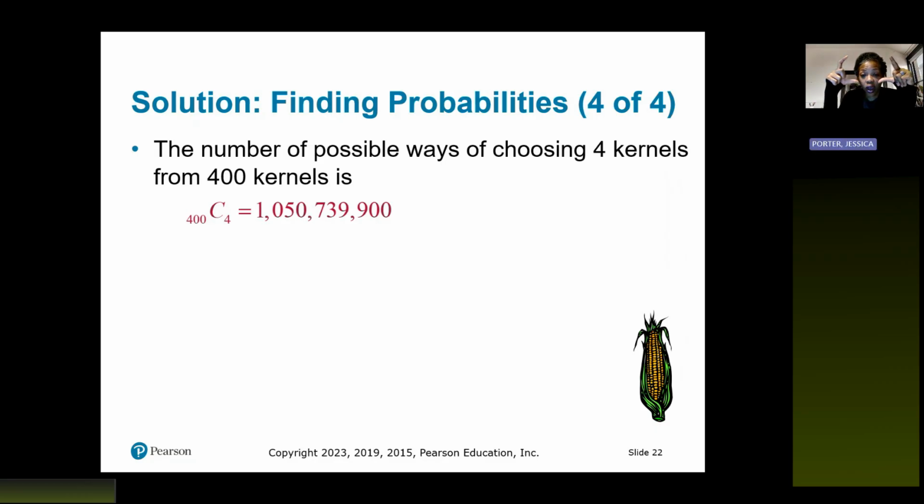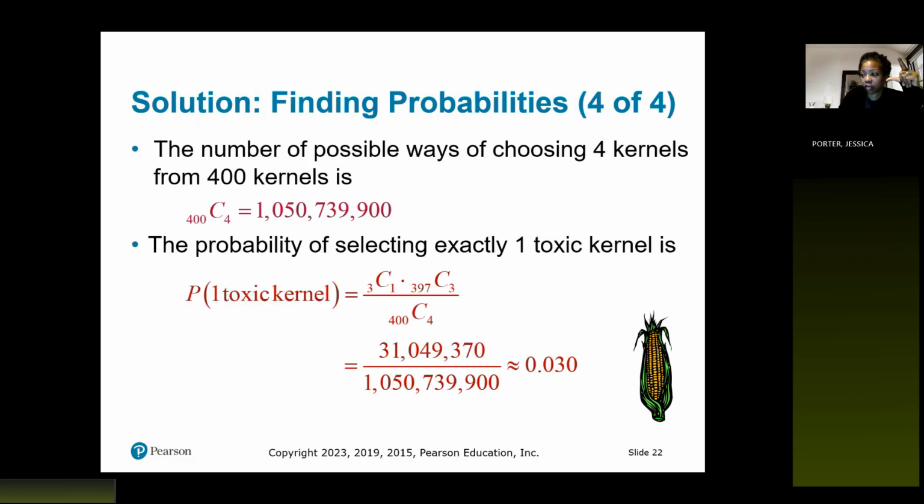So of 400 kernels, 4 are chosen. So now the probability of selecting exactly one toxic kernel is going to be what we had before, the 31 million, divided by, let's go like 1 billion, 1,050,739,900.